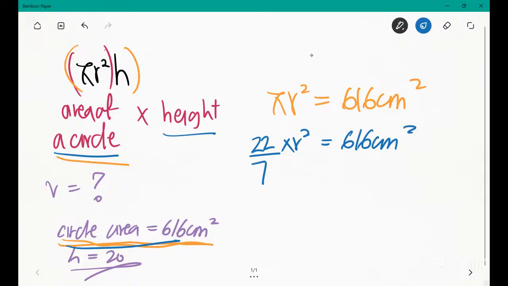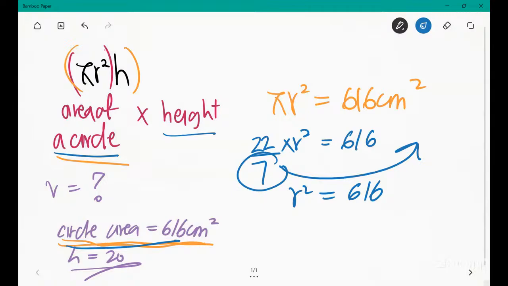So you can leave the unit if you want and come back to it later. So r squared is equals to 616, below the denominator goes up, above the denominator goes down. You flip the fraction. So r squared is 616 into 7 over 22.